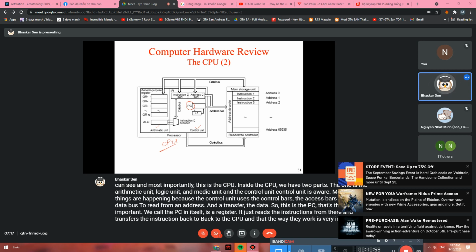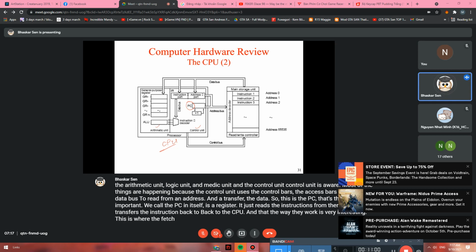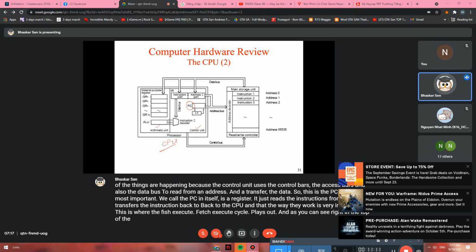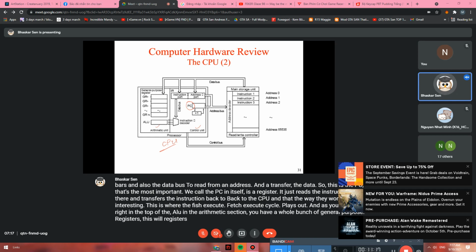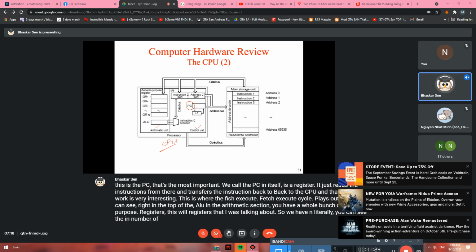And the way they work is very interesting. This is where the fetch, execute, fetch, execute cycle plays out. And as you can see, right on the top of the ALU in the arithmetic section, you have a whole bunch of general purpose registers. These were the registers that I was talking about. So we have N, literally you can see the N number of general purpose registers.